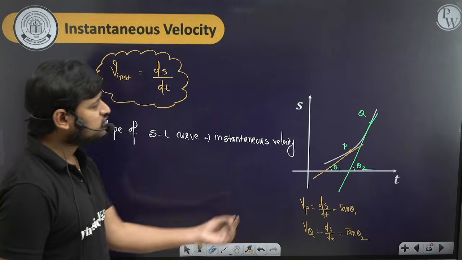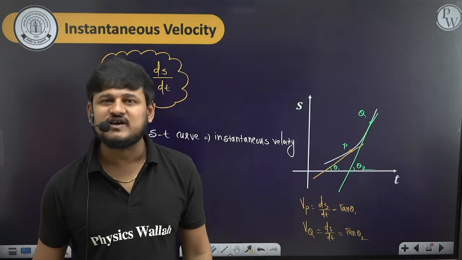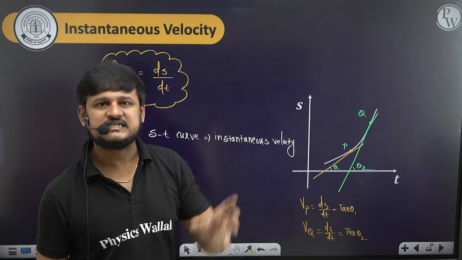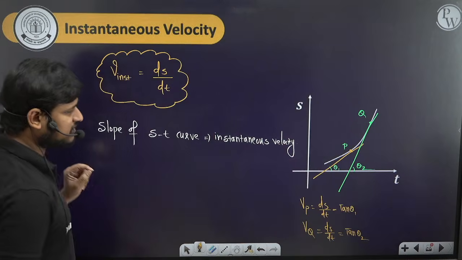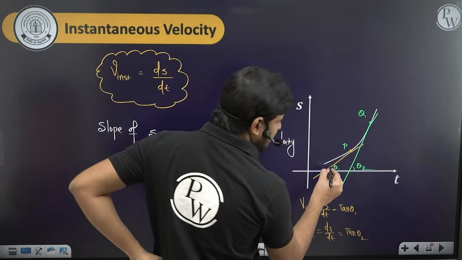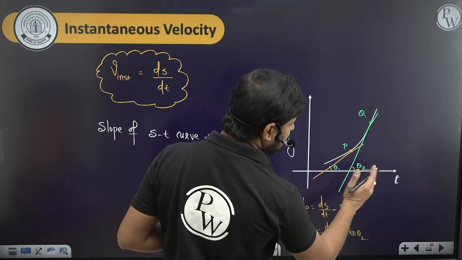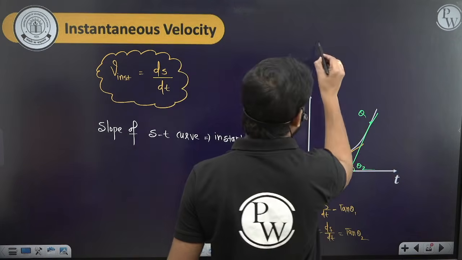Now sir, where the speed is more, where the velocity is more, how can we calculate that? We can understand that while analyzing the graph, but I'll tell you now also, so just remember that part. See here, this is theta 1, this is theta 2. As you go this side, the theta value is increasing.